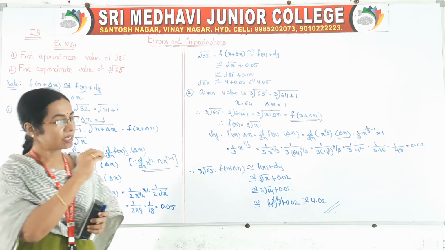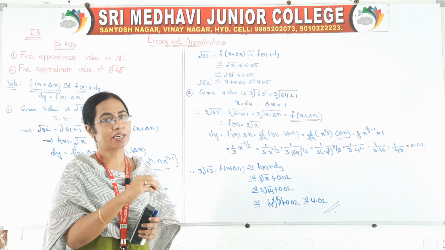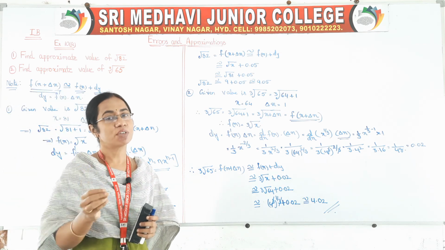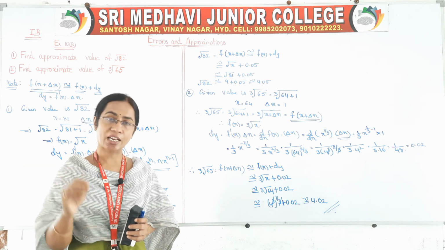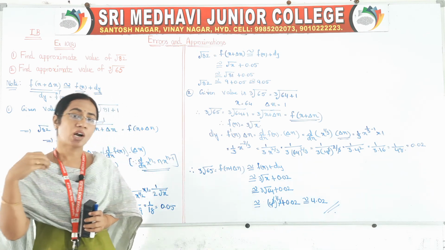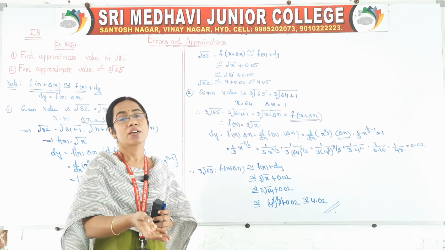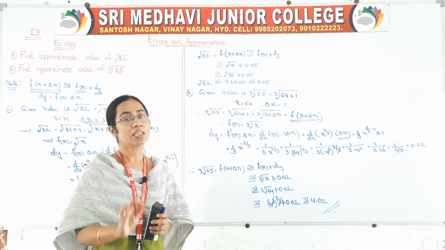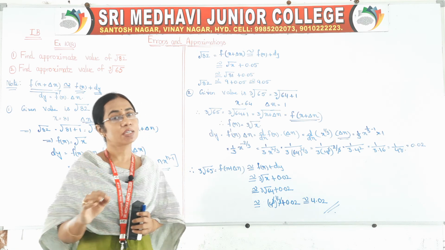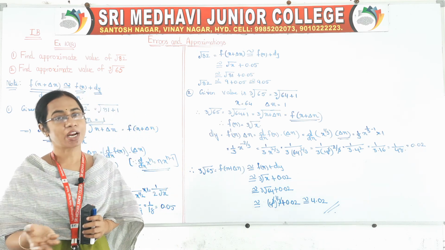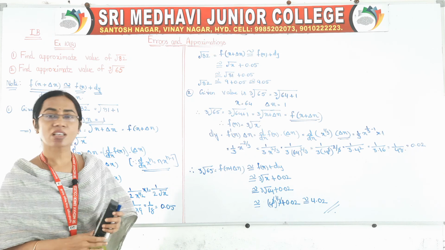Try to understand the problem correctly. Read the question: which information is given to you, which values we have to find, what values are required, and where we have to substitute. Like that you have to think. First time you have to think, next with practice you will get all the things perfectly.